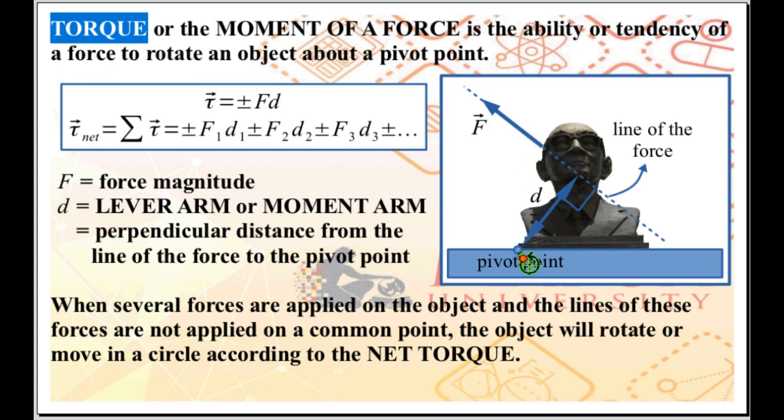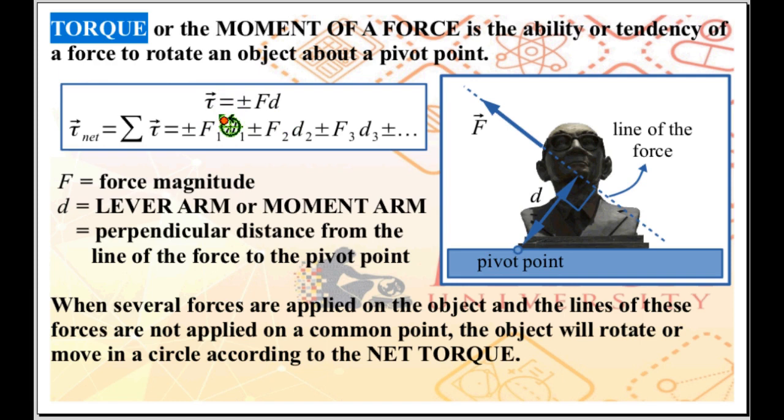Say that we have a pivot point at this location. With respect to this pivot point, the torque or moment of this force is given by tau is equal to plus minus Fd. Torque, tau, is a vector quantity. It has an arrow or bar above the variable.